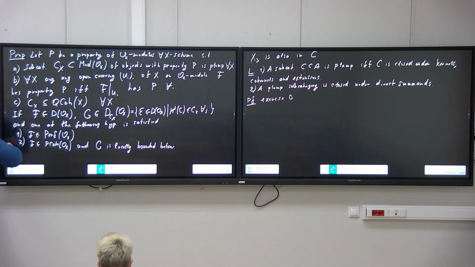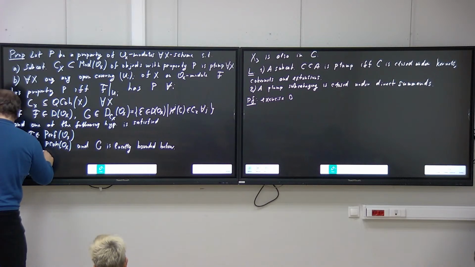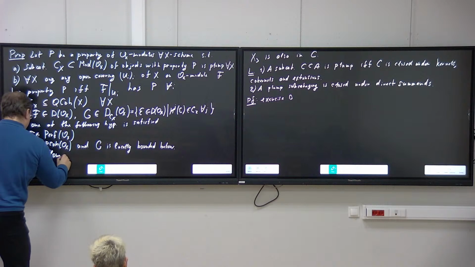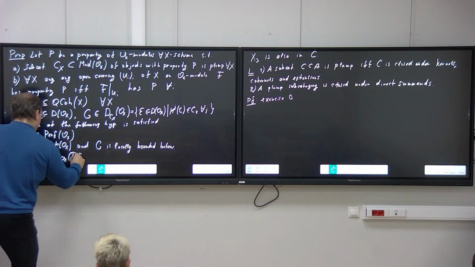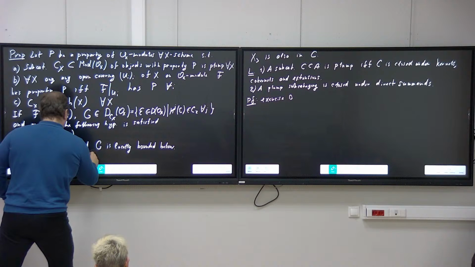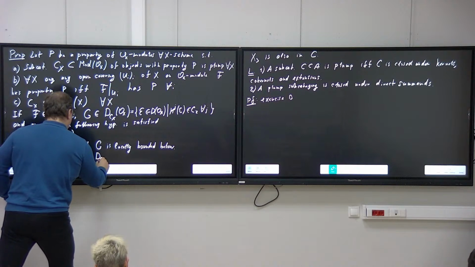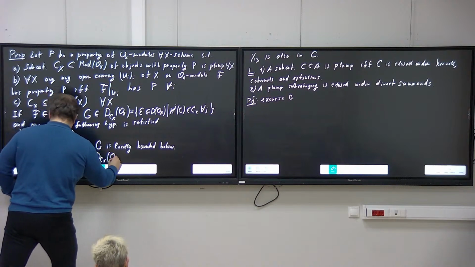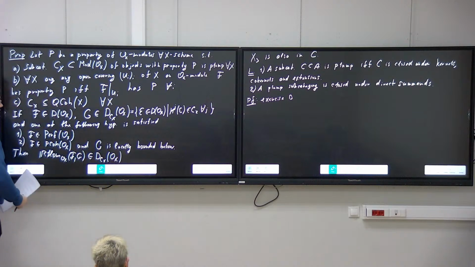So under this hypothesis on the property P and two hypotheses on the objects F and G, the conclusion is the following. Then the R Hom of X between F and G is in the D of OX with the index Cx.